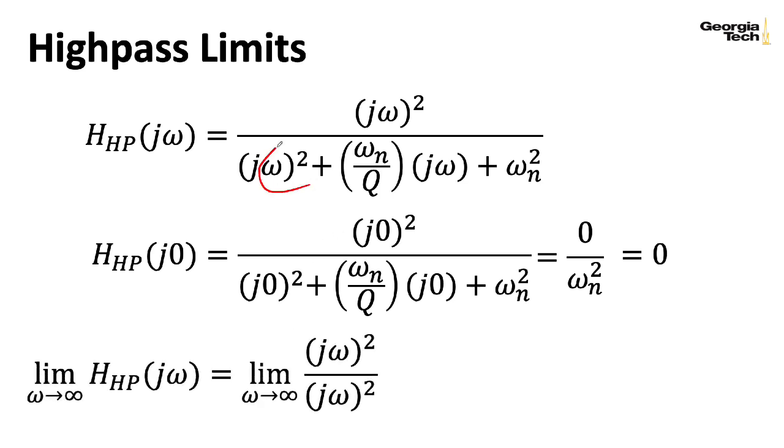We can argue that the omega squared term in the denominator starts to swamp the omega term and the constant term. So as omega approaches infinity, the denominator looks more and more like j omega squared, and we have a j omega squared in the numerator, so that gives us 1. So our high-pass filter nicely starts at 0, rises, and then asymptotes at 1.